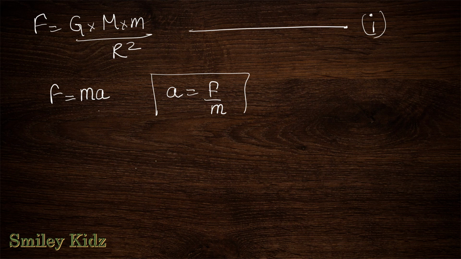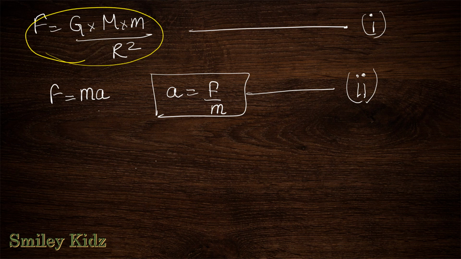Well, we can. And let's consider this as equation number 2. And now, what are we going to do? We are going to substitute equation number 1 in equation number 2. What does this mean? It basically means in place of force, we are going to substitute this particular equation. So let's move ahead and find out the acceleration due to gravity on Earth.